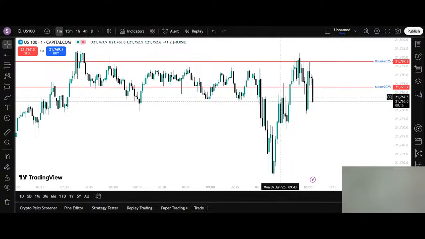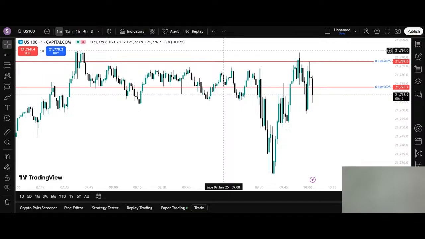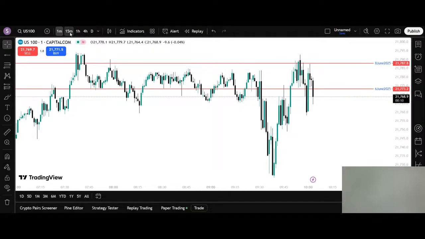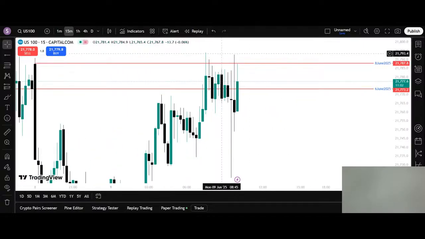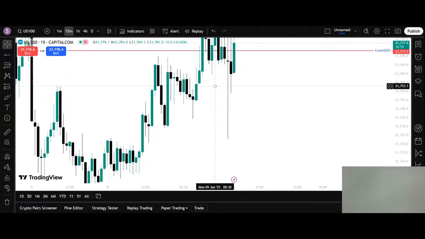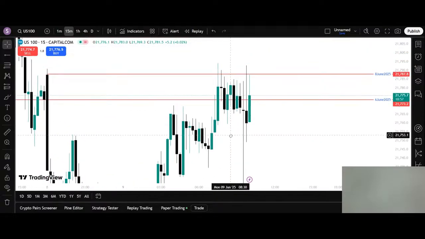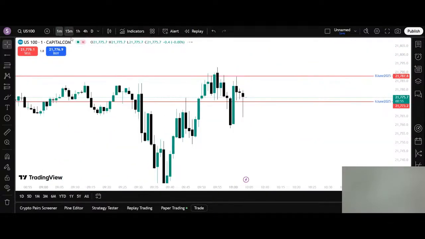If price wants to go down, I would probably like to see it first take this liquidity over here. This is just a local liquidity. Look at that. These are almost equal highs, so it's very likely price is going to take them. I'm gonna wait for a market structure shift with an FVG. That is my trading strategy. That is my setup.